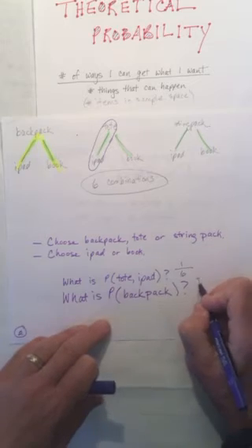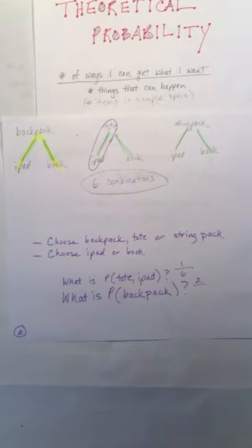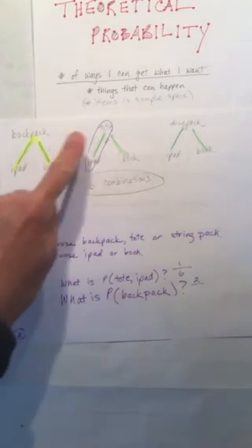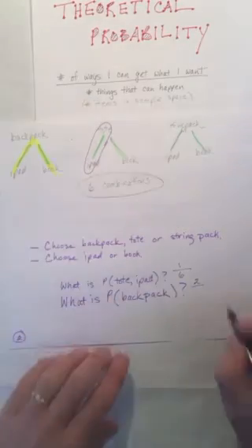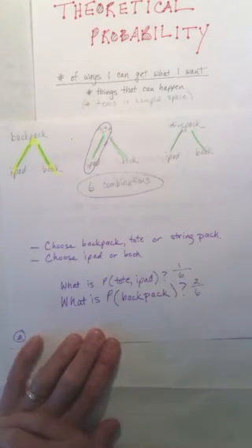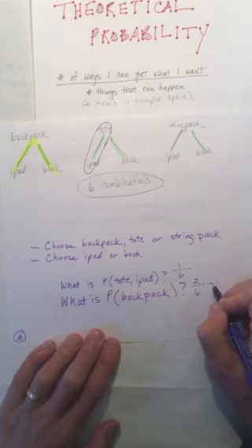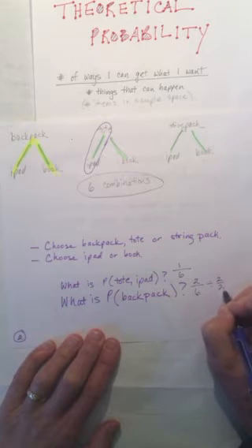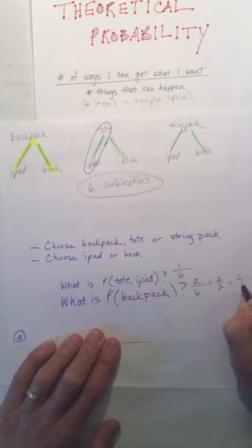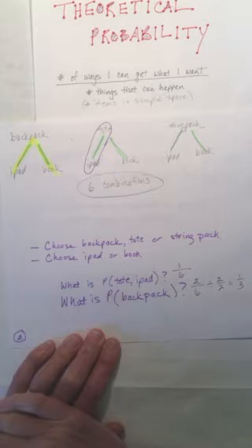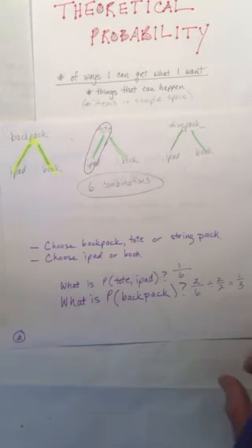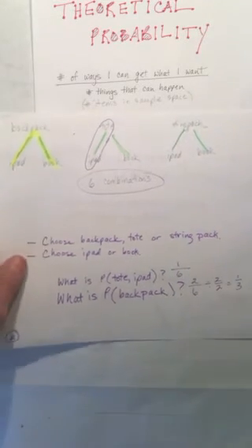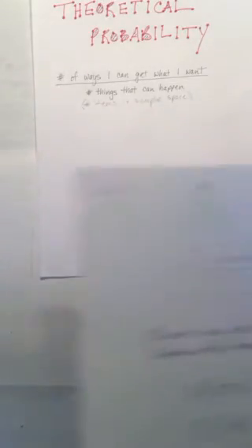So it's 2 out of the total number of combos, 1, 2, 3, 4, 5, 6. And again, 2 over 6 can be simplified to 1/3. Theoretical probability. All right, let's look at some different tree diagrams that we did yesterday.